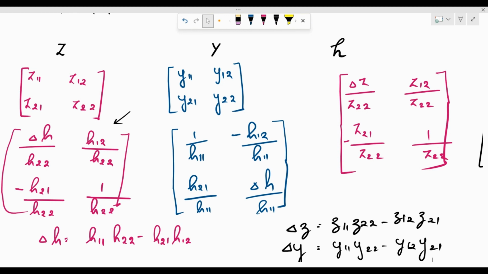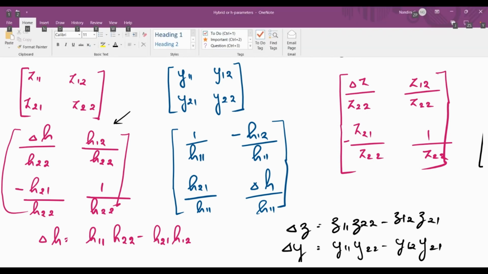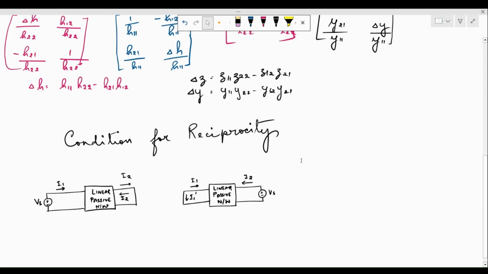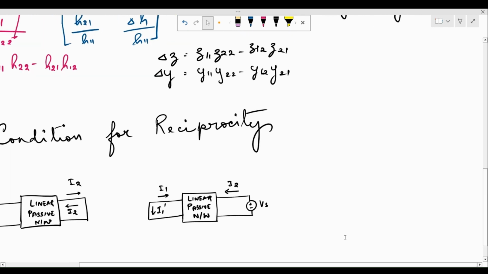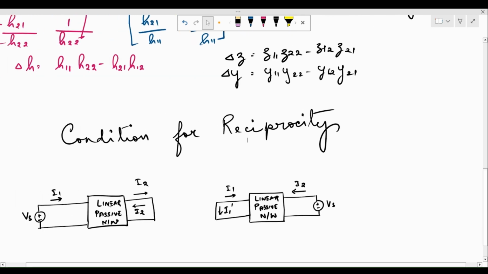Let's move on to deriving the condition for reciprocity in terms of H parameters. To establish the condition for reciprocity in terms of the H parameters, we are going to look at these two cases. In the first case, we have the linear passive network's first port being connected to Vs, a voltage source, and the second port is short circuited. So current minus I2 dash is flowing through the second port.